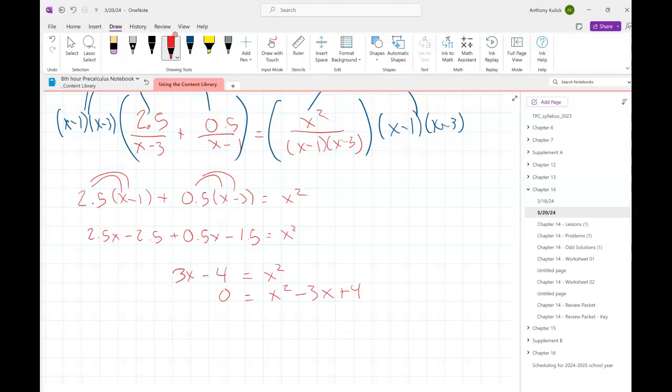Well, that's nothing, right? Things that multiply to give you positive 4: negative 1, negative 4. Positive 1, positive 4. Negative 2, negative 2. Positive 2, positive 2. Nothing left, right? Not factorable.